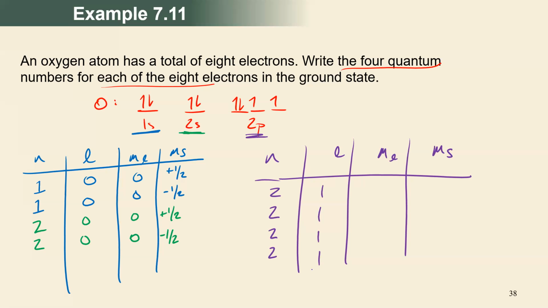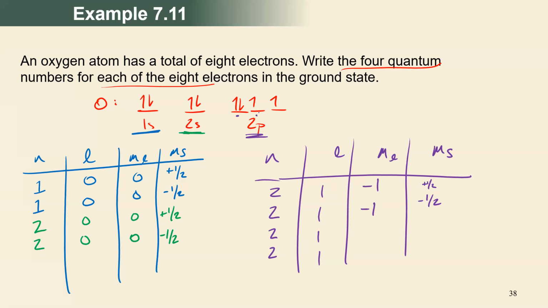I'm going to go for just this first orbital first. What's that M sub L value? -1, excellent. And in that orbital, we have one that's +0.5 and one that's -0.5.